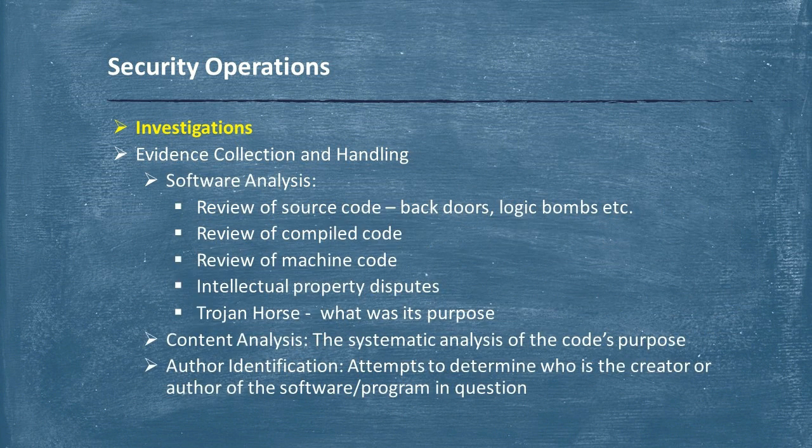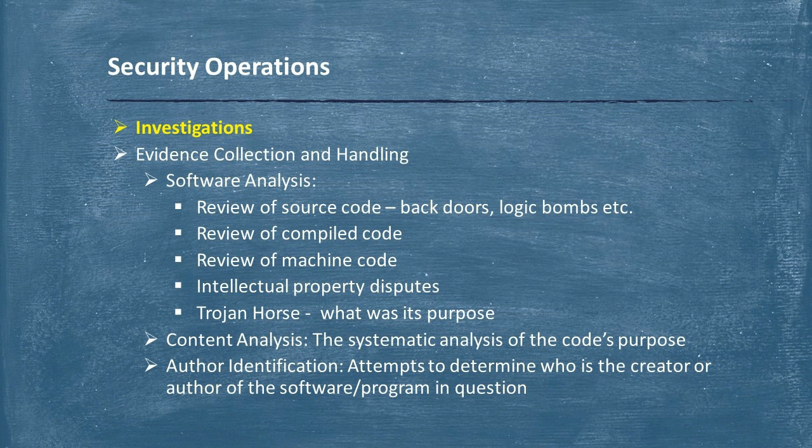Software analysis is also needed sometimes, the review of the source code to find whether there are any backdoors or logic bombs. These both are codes written by the perpetrator, which is not legal code. It gets inserted by the attacker, so it runs whenever he wants.